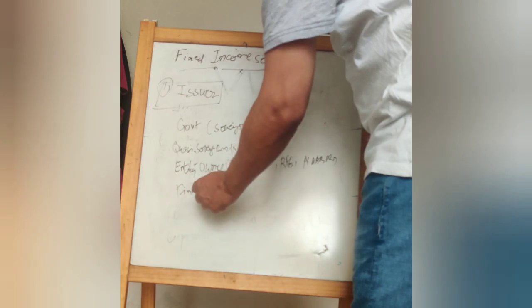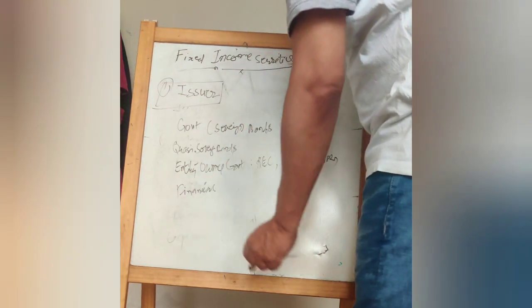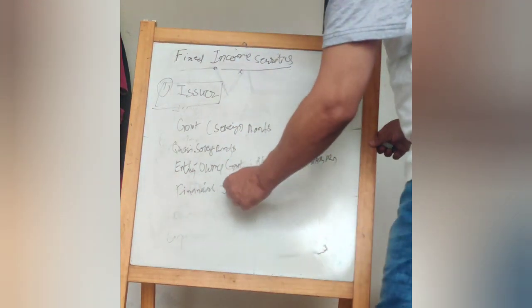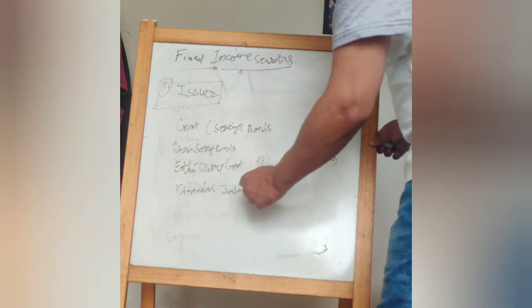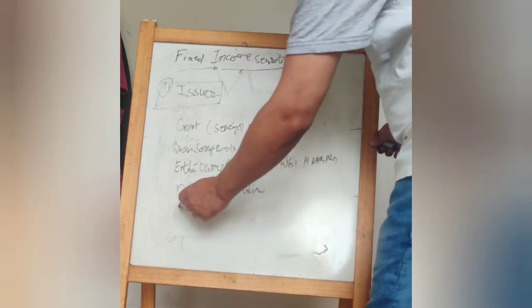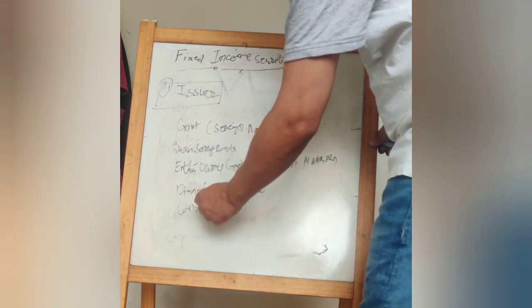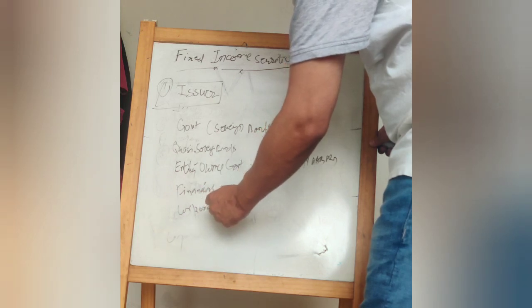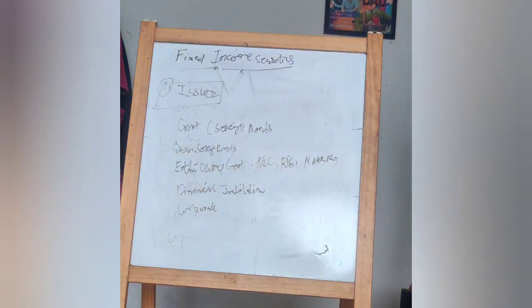The fourth category can be financial institutions like banks and insurance companies, and the fifth category is the corporates like Reliance, or some other big corporate, Bharti. They also issue bonds for their working capital or their capital expenditure requirements.